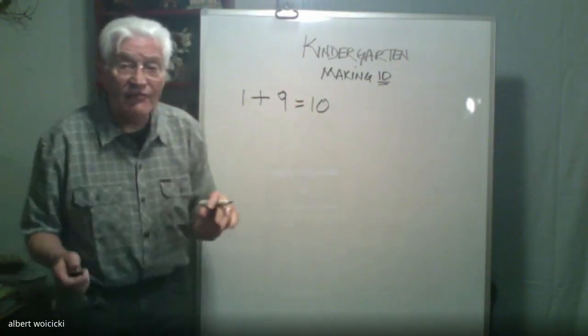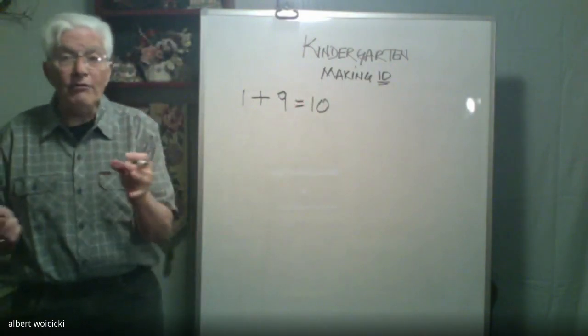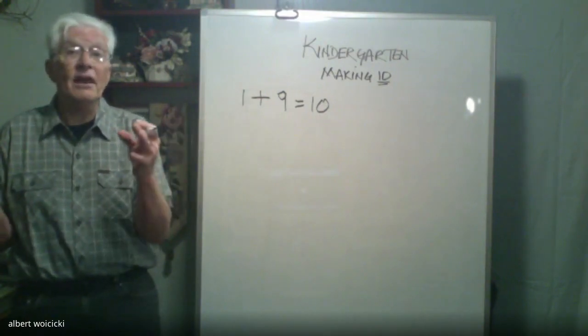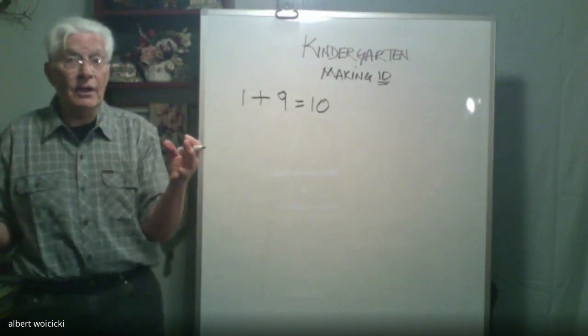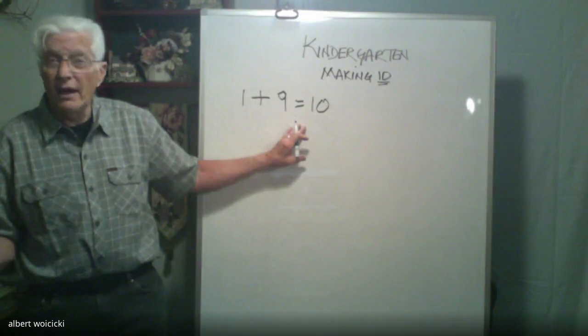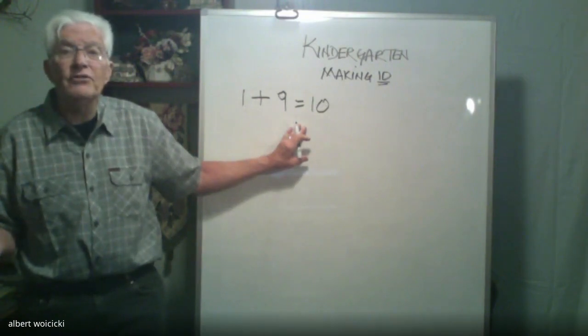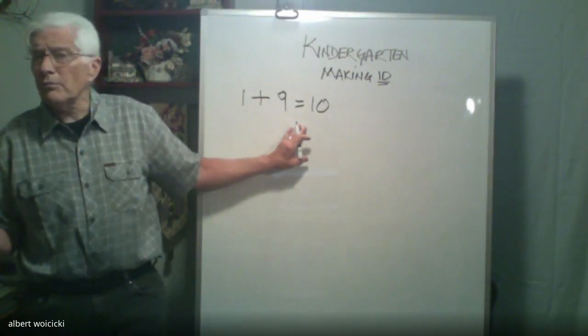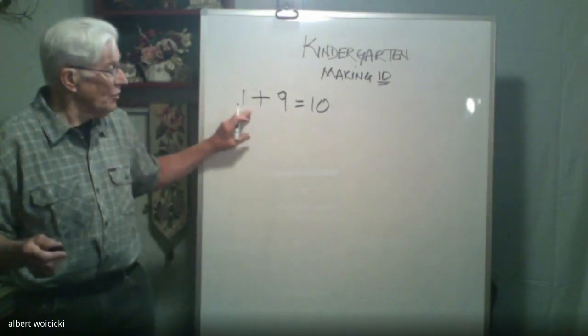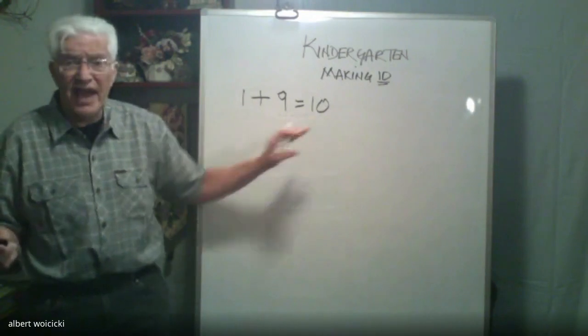And again, I found another powerful symbol of math. It's actually the second level of mathematics. It's the gigantic equal sign. And let your students write this down. Don't write it for them on a piece of paper where all they're doing is putting the 1, the 9, and the 10.